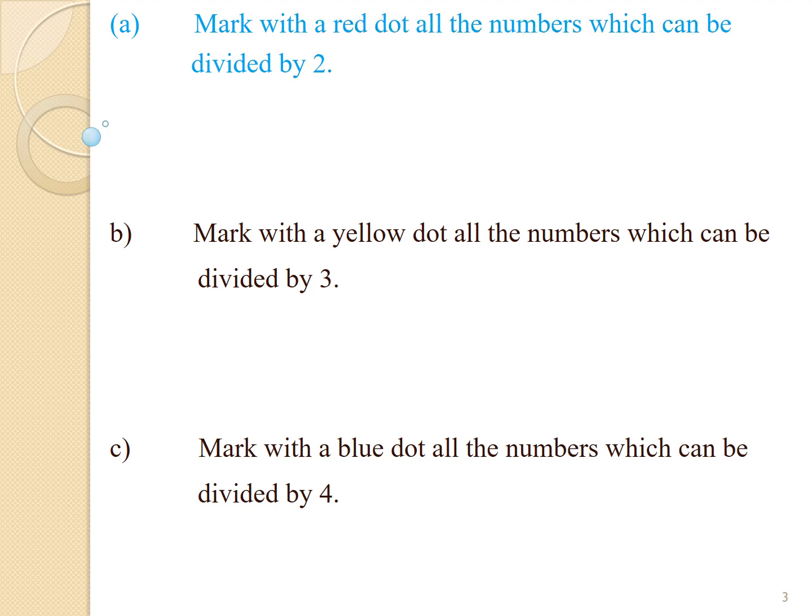The numbers which can be divided by 2 are 2, 4, 6, 8, 10, 12, 14, 16, 18, 20, 22, 24, 26, 28, 30, 32, 34, 36, 38, 40, 42, 44, 46, 48, 50, 52, 54, 56, 58, 60, and so on.